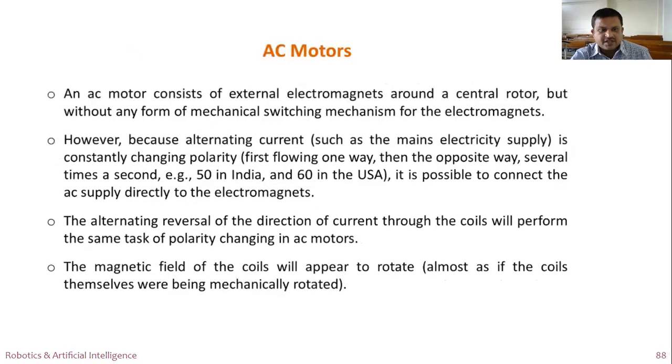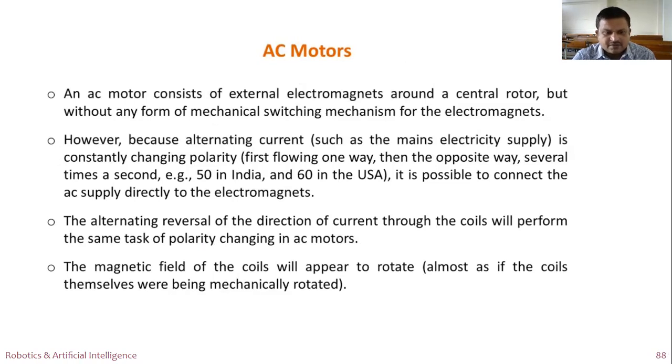Now, AC motors. An AC motor consists of external electromagnets around the central rotor, but without any form of mechanical switching mechanism for the electromagnets. However, because alternating current such as the mains electricity supply is constantly changing polarity, first flowing one way, then the opposite way several times a second, for example 50 in India and 60 in the USA, it is possible to connect the AC supply directly to the electromagnets.